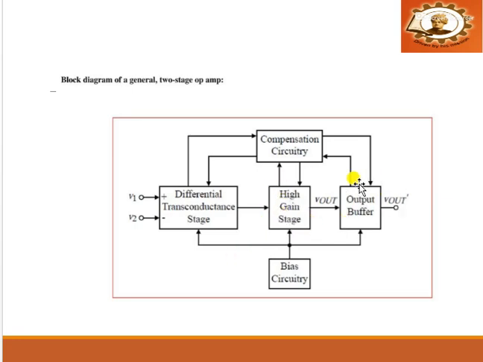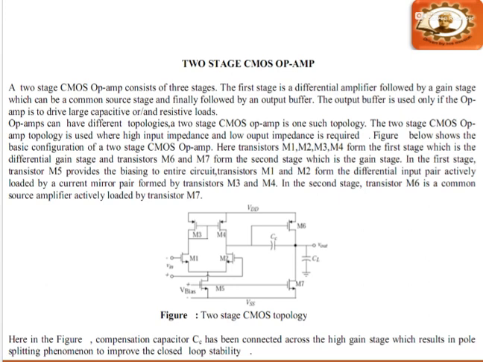The output buffer is used to give low output resistance, and the compensation circuit is used to keep the op-amp stable when resistive negative feedback is applied. The next figure shows the two-stage CMOS op-amp configuration. It has three stages. The first stage is a differential amplifier followed by a gain stage, which can be a common source stage, and finally followed by the output buffer.